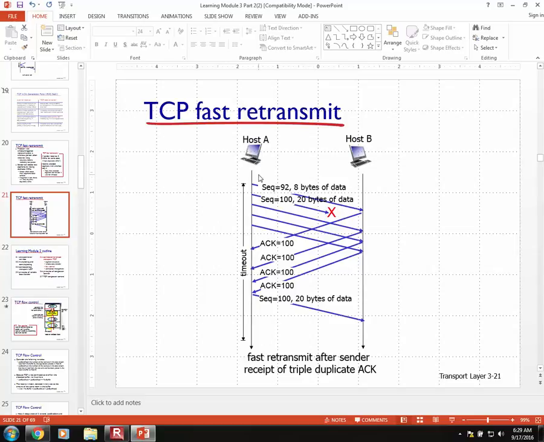So TCP is able to use this information to determine, hey, the packet with that sequence number likely was lost. I'll retransmit, and then of course the host will send a cumulative acknowledgement of all the other packets that it received.